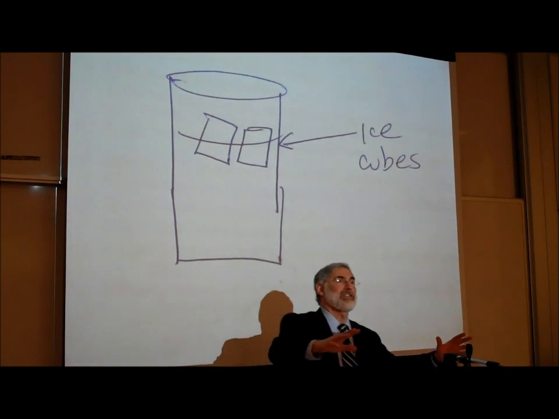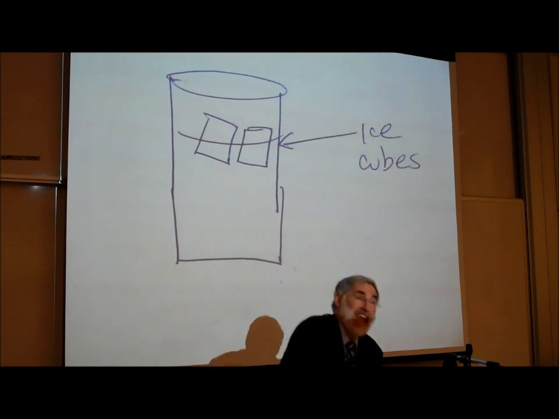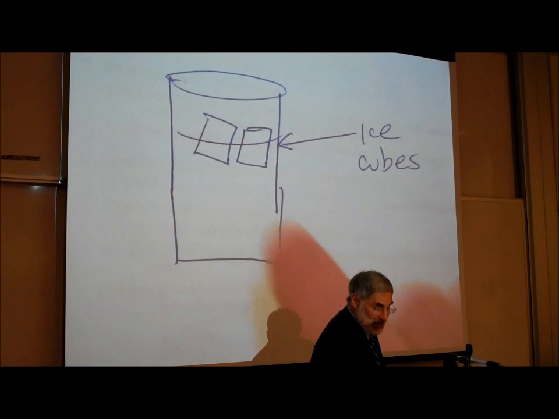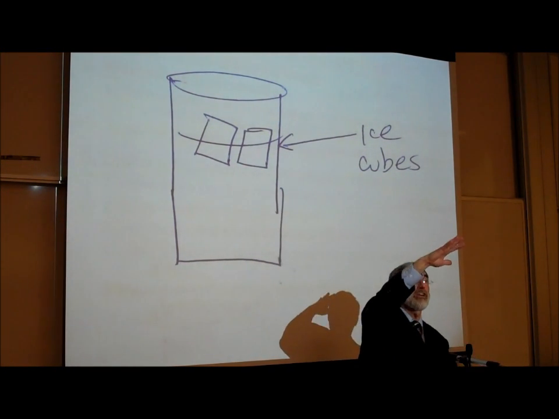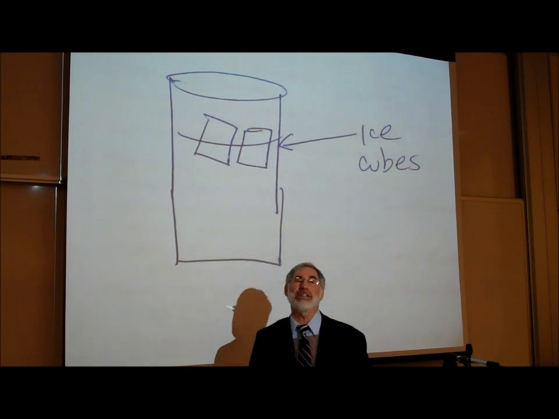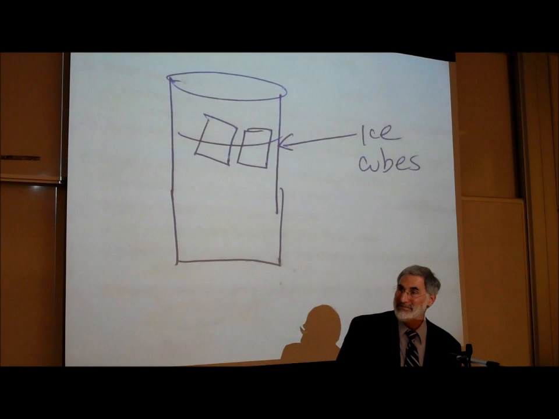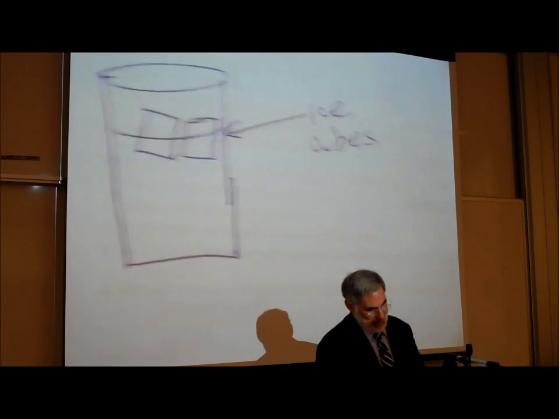Water is the only substance like that. Every other substance, when you go from a liquid to a solid form, the solid form is heavier. So in any other case, when you cool something down and turn it into solid form, it becomes heavier and it sinks. Water is the only substance that when you cool it down, it becomes lighter. When you turn it into solid water, ice floats.